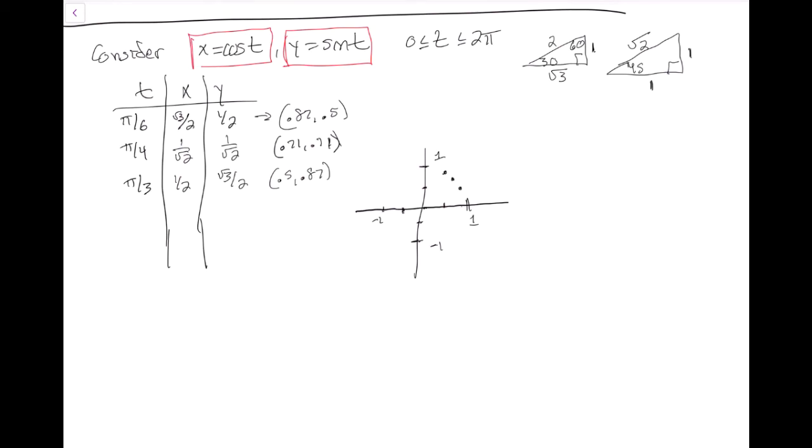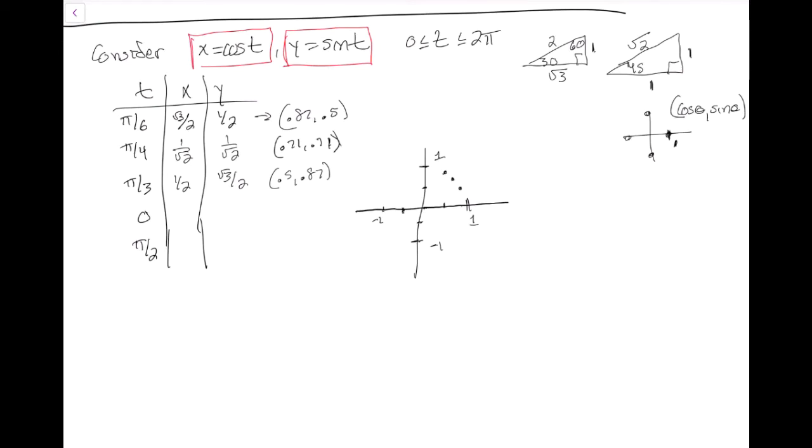Something I forgot to do, and want to do now, is let's pick t equals 0, and then let's pick t equals pi over 2. The way I think about this is on my unit circle. Remember, on the unit circle, you have cosine theta and sine theta as the points on your unit circle.